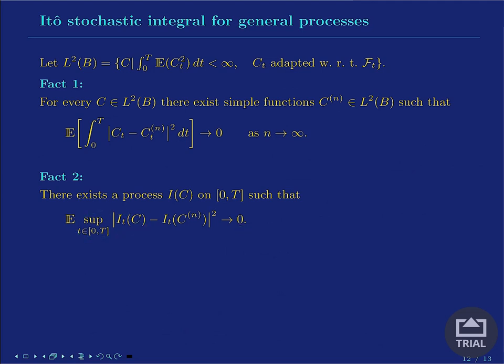So that means instead of defining this Ito stochastic integral directly, we use approximating sequences that approximate the integrand of interest ct, and by this result here we can use the same sequence and let it tend to infinity, so that here we have actually that the resulting integral arbitrarily well, also over all time points t, approximates this limiting integral.